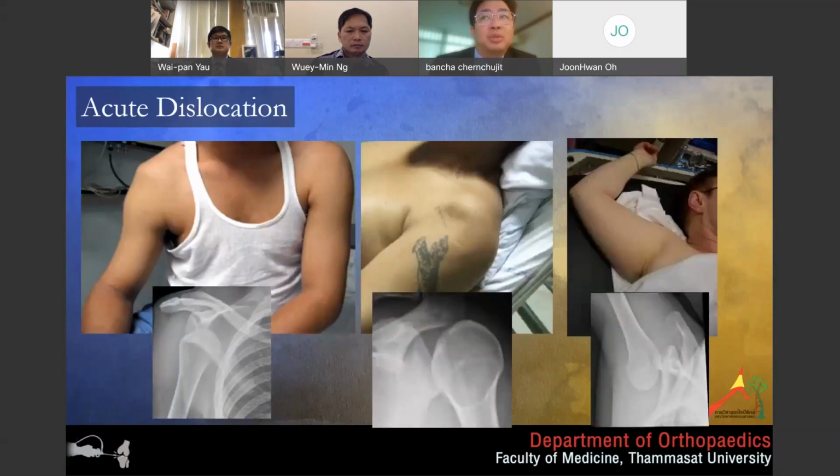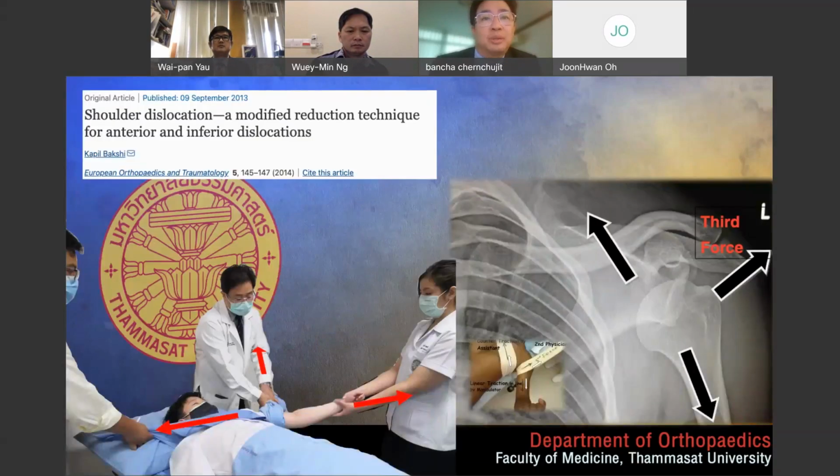So it can be anterior dislocation, posterior dislocation, or inferior dislocation. The technique of reduction is also different from the young, because I do not recommend you to do the leverage technique in the elderly because of the soft bone. Sometimes the patient has a Hill-Sachs lesion, a big Hill-Sachs lesion, and you may create a fracture.